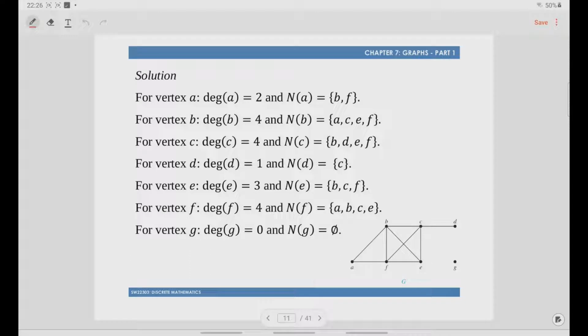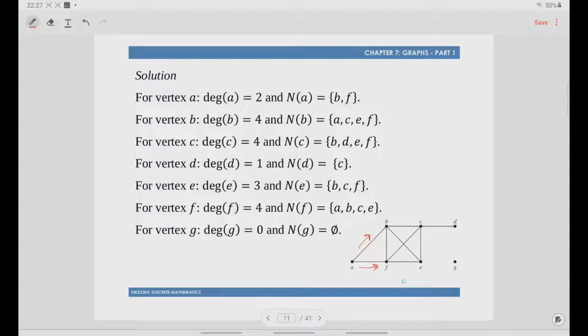We start one by one from A until the vertex G. For the vertex A, the degree is 2, because it is connected to two different vertices, B and F. So N(A), the neighborhood of the vertex A, equals {B, F}.